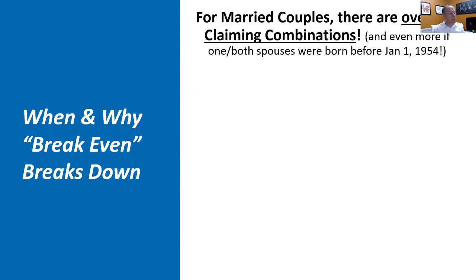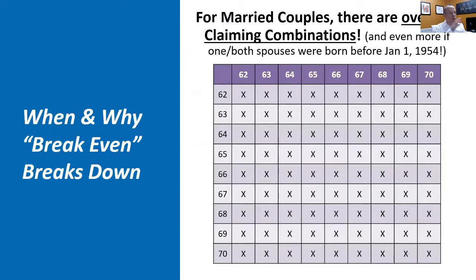And make note of this, there are even more options if one or both spouses were born before January 1st, 1954. Each spouse has 9 different years where they could elect, so you have 9 by 9, and there are 2 spouses, and 3 ways to elect: my benefits, spousal, or a combination. There are 240 claiming combinations. So it's not a simple analysis.